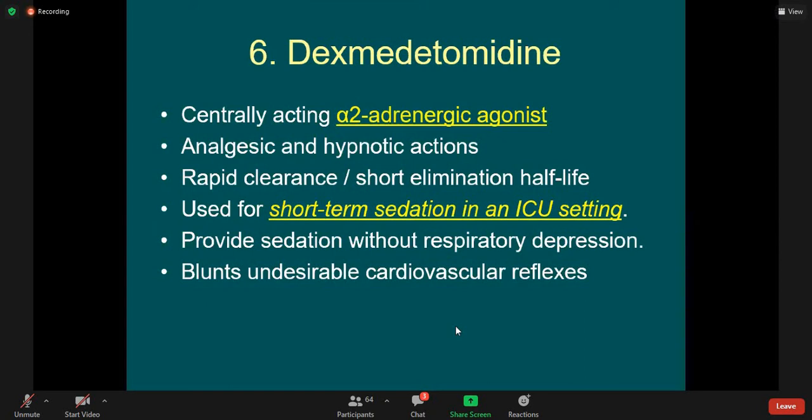There's a difference between stages and phases of anesthesia. You can differentiate them. The things are used simultaneously, but we describe them so that you can understand which type of drug is acting on which phase or stage of anesthesia.